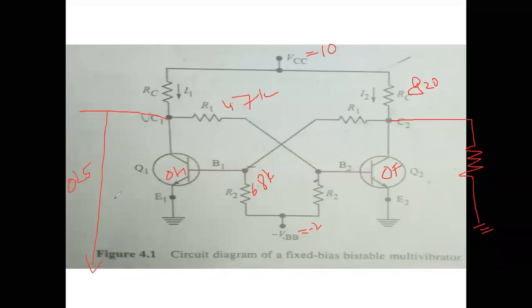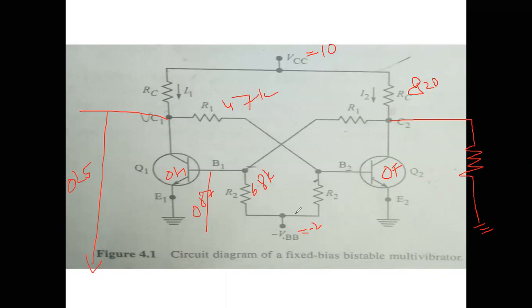They have given VBE sat as 0.87, similar to the previous sum. These values are similar to the previous sum. The only difference is they have connected the load resistance. The data will be the same.